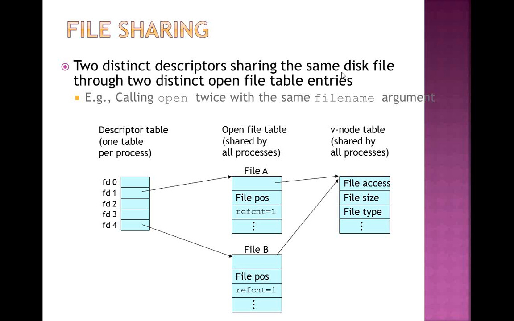In the same way, they have the same file access modes, that is read mode, write mode, execute mode, and the same file size, whether it may be 59 bytes, 54 bytes, or 53 bytes.